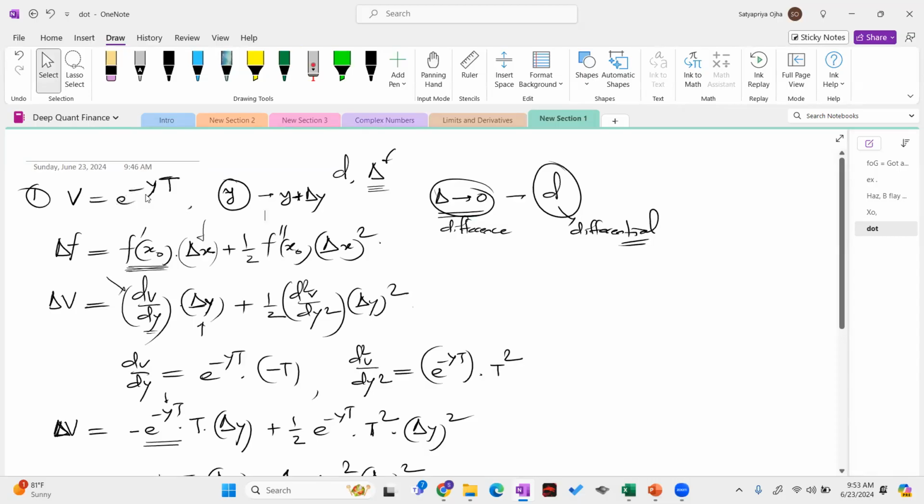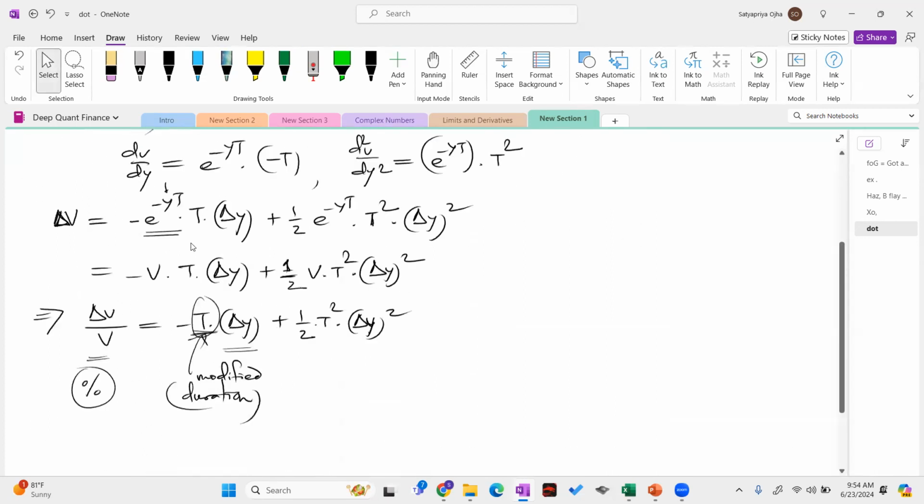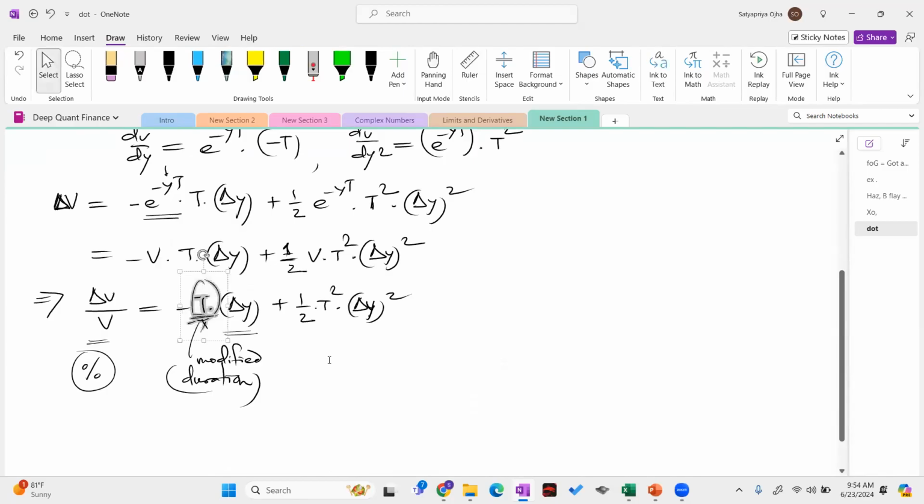Continuous compounding. In case of continuous compounding, plain Macaulay duration is equal to modified duration. There is no adjustment. So that's why T is the duration of the zero coupon bond, because there's only one payment happening after T. So your average waiting time is the same T.